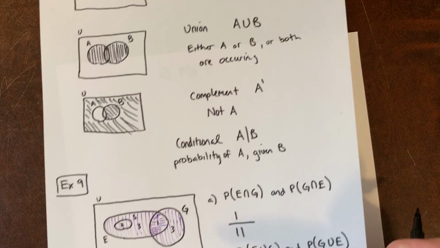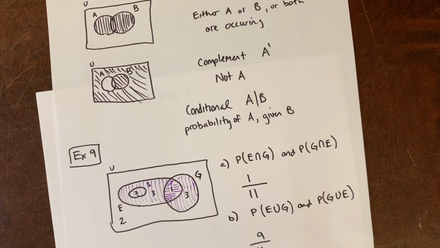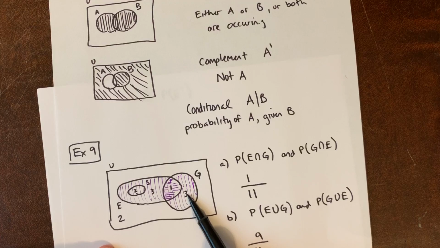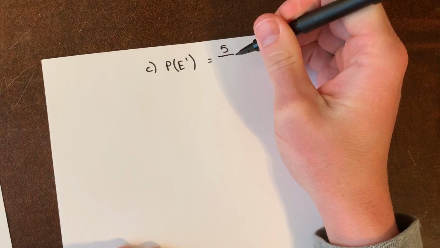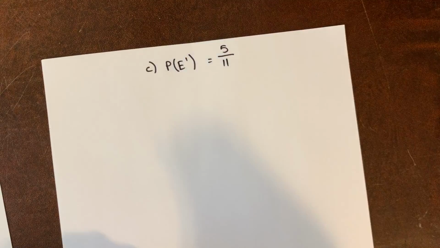All right, so if I go back and I look at my drawing, how many students aren't taking the ESS class at all? It's going to be these 3 students and then these 2 students. So that's 5 total students out of the 11. So this will be 5 students not taking the ESS class out of 11.